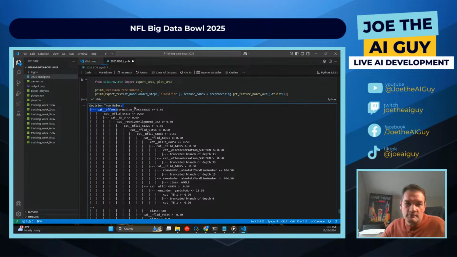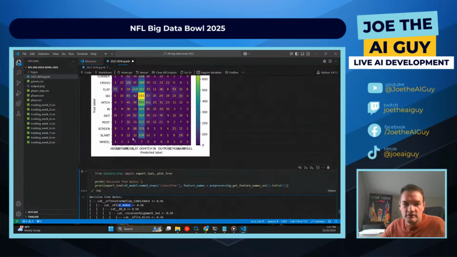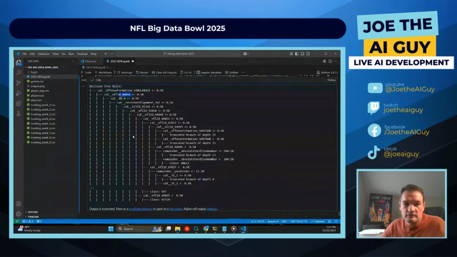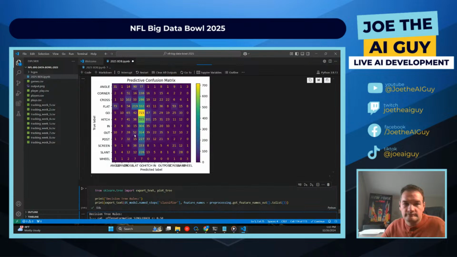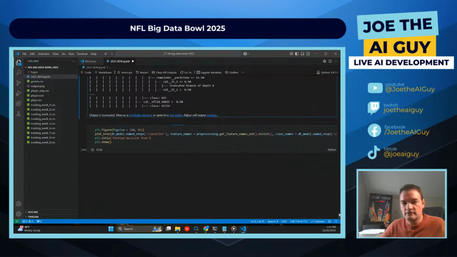So again, knowing the formation is heavily influential, but then also, immediately after, knowing the certain receivers. So I guess not particularly shocking.